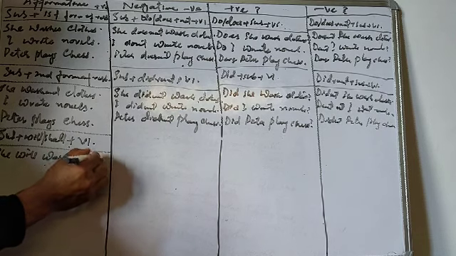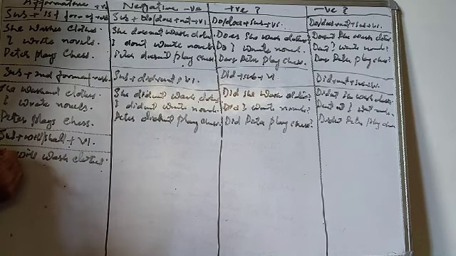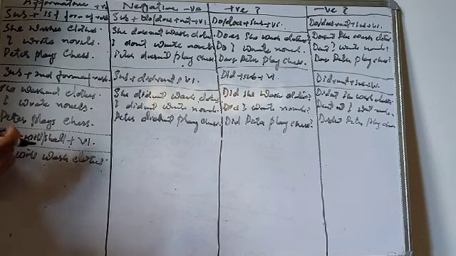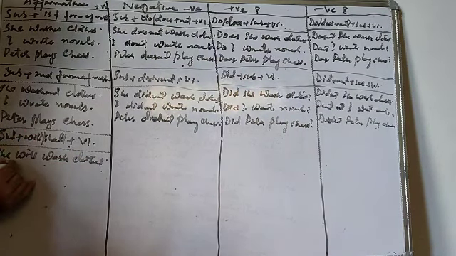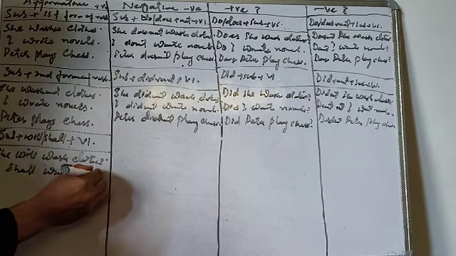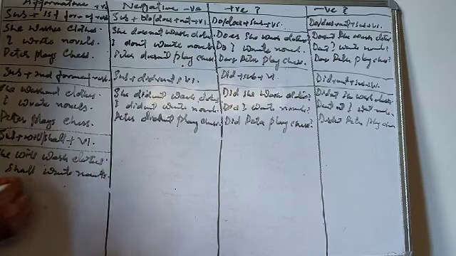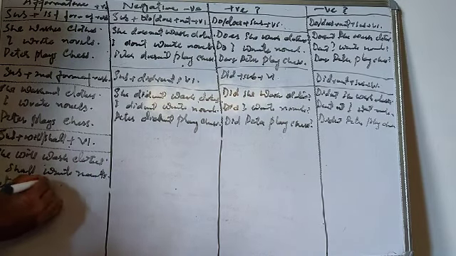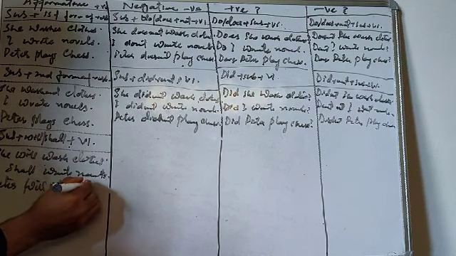No concord here because subject and verb are far away from each other, so no concord will be applied. I shall write novels. Peter will play chess.